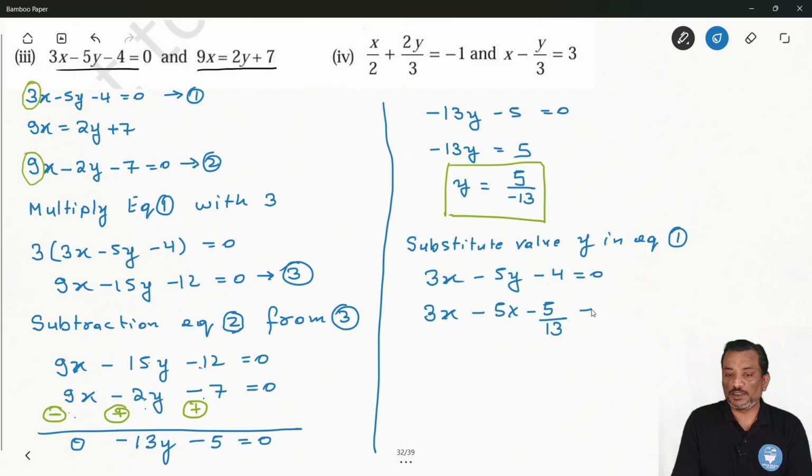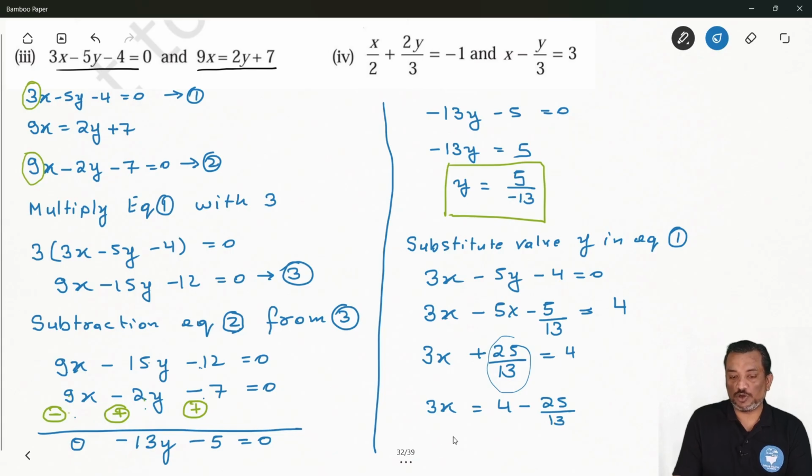Now take 4 to the other side, so it becomes plus 4. So now how much will you get? 3x plus 25 over 13 is equal to 4. Okay, now you can transpose this whole term to the other side, so 3x is equal to 4 minus 25 over 13. Okay, now let's solve this a little here.